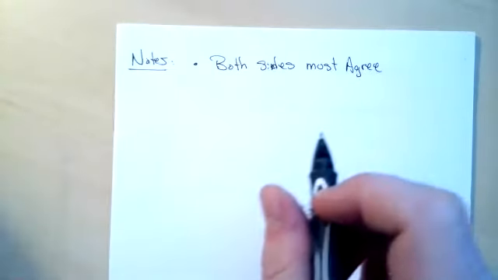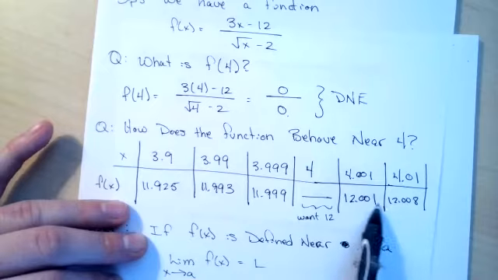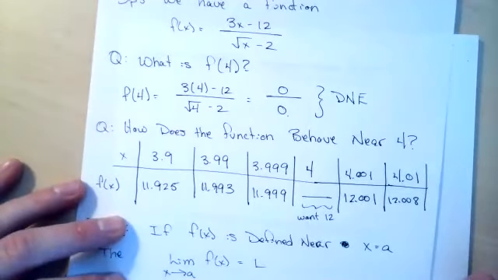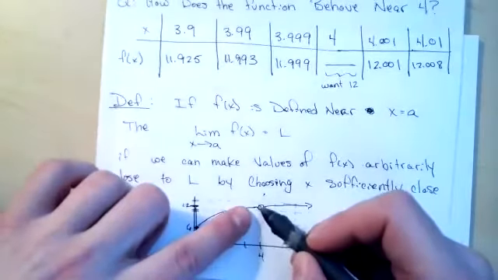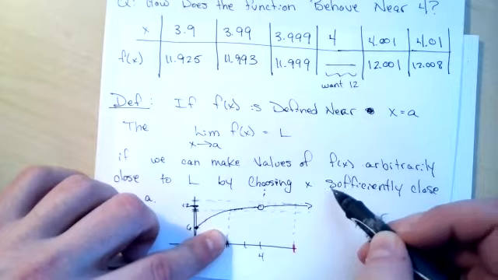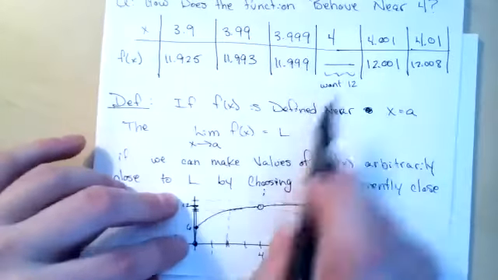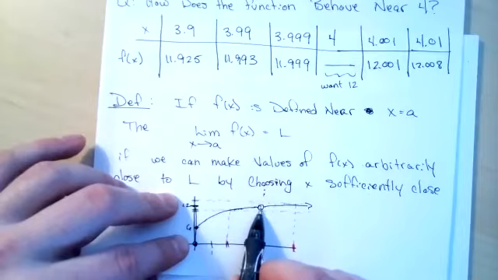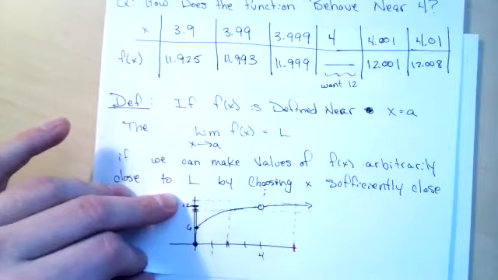So in our table, if one side was getting closer and closer to 12, but the other side was getting closer and closer to 15, then what we're actually going to have is a jump in the graph. There would be not just a hole, but one side would be coming up to 12. The other side would then jump up here to 15. The limit doesn't exist. Another way you can think of a limit, if the limit exists, is I can fill in the hole if we needed to. We can actually just put a point there and it would make the graph fully continuous. So if there's a jump, we can't do that.